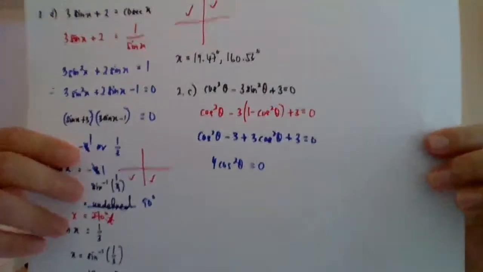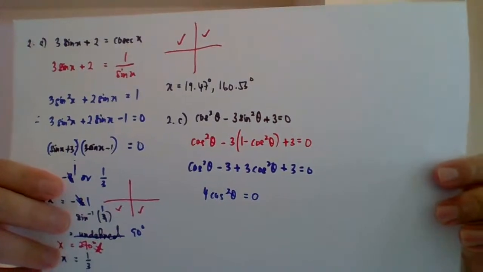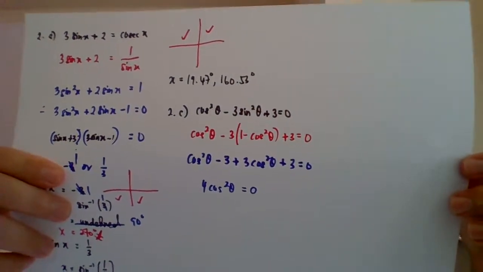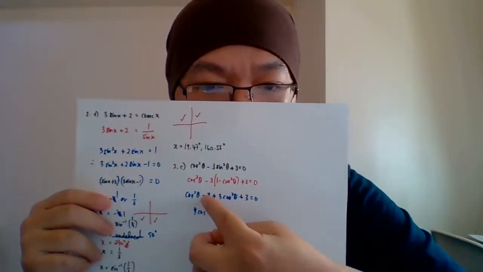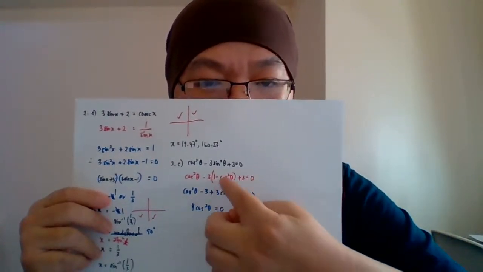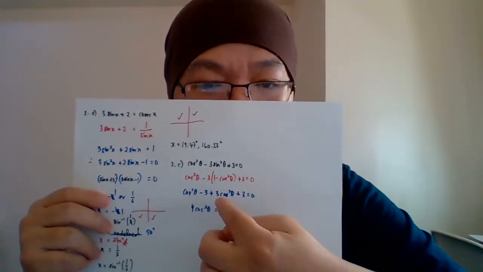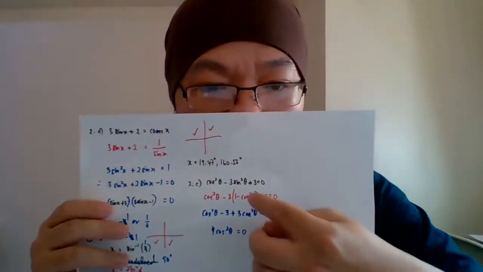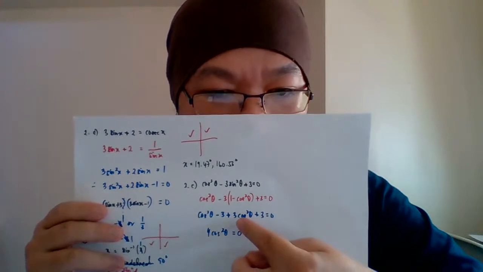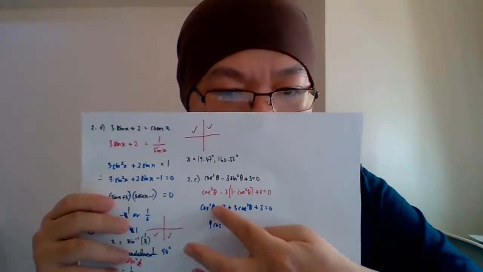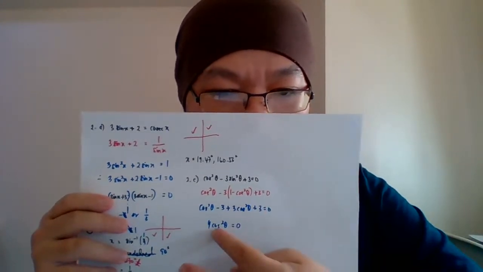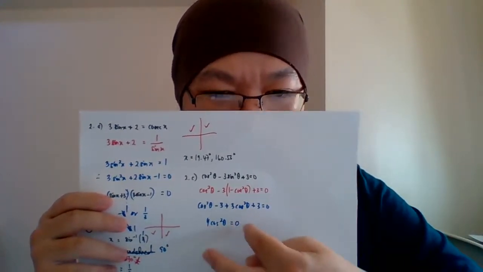Okay guys, this is the answer that we are supposed to get. After I expand cos squared, 3 minus 3, this should be plus, okay, plus. So negative 3 and negative cos will become plus 3. So negative 3 and plus 3 cancel each other. Cos squared plus 3 cos squared becomes 4 cos squared theta equals to 0.